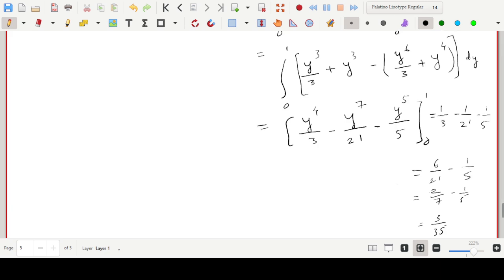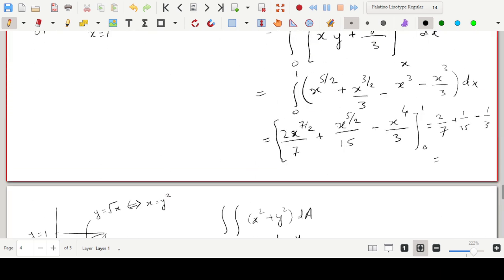Now this is the answer that we have got by changing the order. I do not know whether it is the same as this. Let us try. We should try.